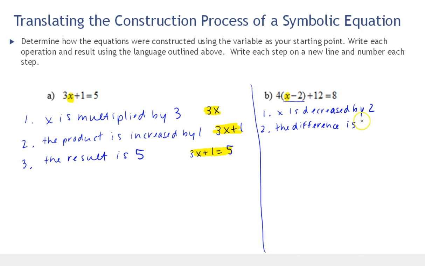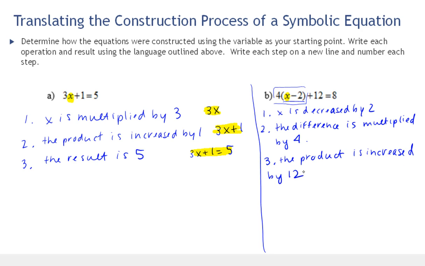So the difference is multiplied by 4. Now our third step, so now we've done all of this, is we would add 12. So since the difference was multiplied by 4, this result is the product. So we say the product is increased by 12. And that gives us the entire left-hand side of the equation. And we end with, just like we did here, the result is 8.